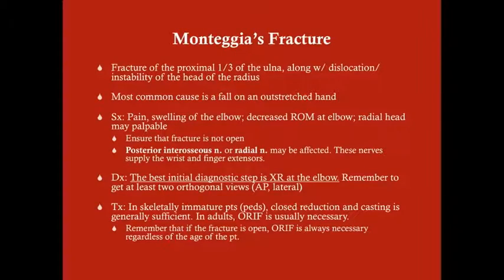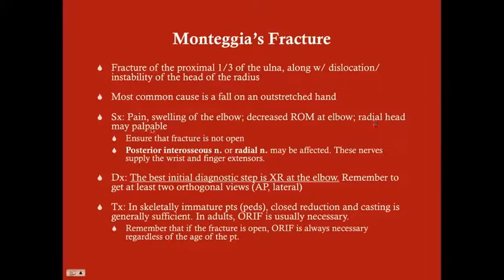You'll also have a decreased range of motion, and that decreased range of motion is due to two things. It's due to the fact that, yes, you have a bone breakage, but you also have a dislocation of the joint. And so if the head of the radius is not articulating properly, then you're not going to be able to move your elbow as normal. So we have pain and swelling and decreased range of motion.